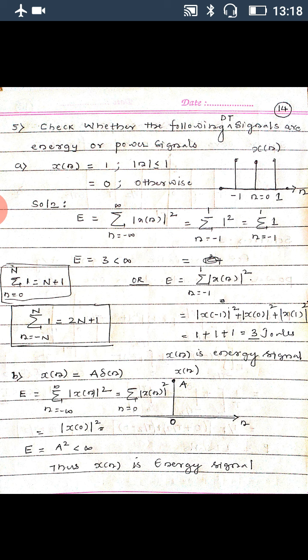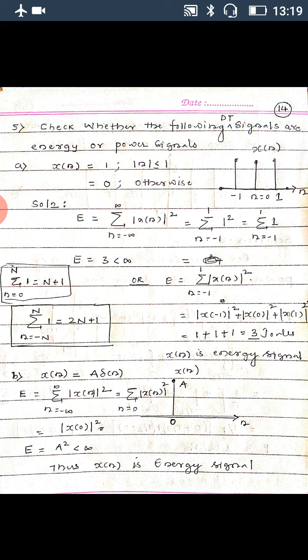So let us first find the energy content of this signal x of n. For a discrete time signal, the energy is equal to the summation from n equal to minus infinity to plus infinity of the square of x of n. Here we have not used the limit n tends to infinity because we know the duration of the signal, which is defined between minus 1 to 1.